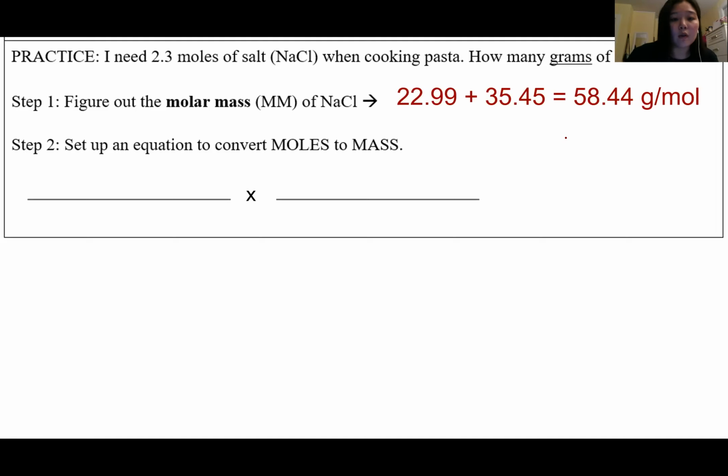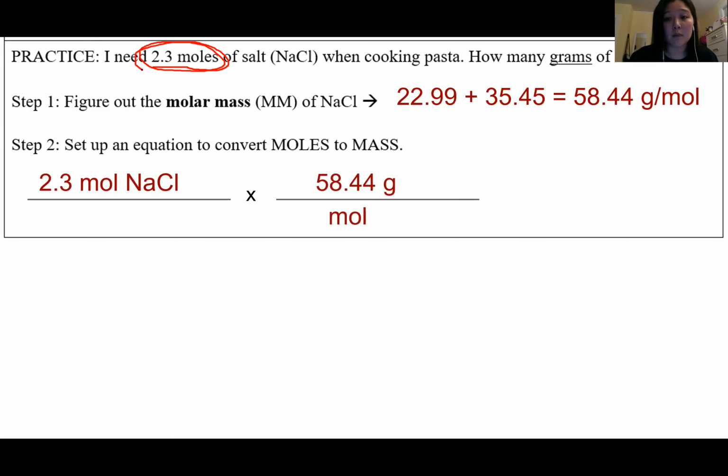All right, so like I said before, you're going to always start with the given value. So I'm just going to put 2.3 moles on my first line. And I'm converting moles to mass. So I want grams to be on top and mole to be on bottom. Cancel the moles out.